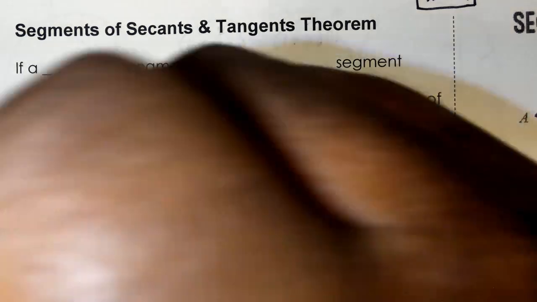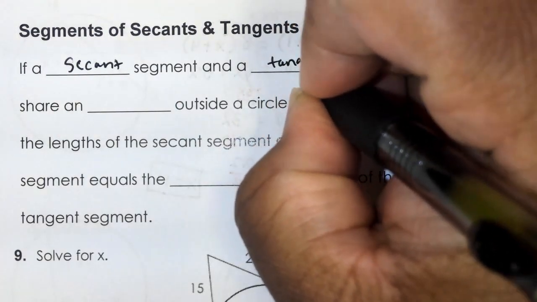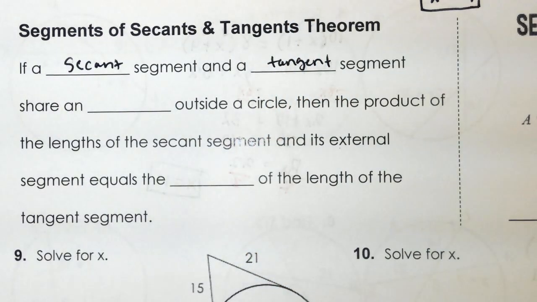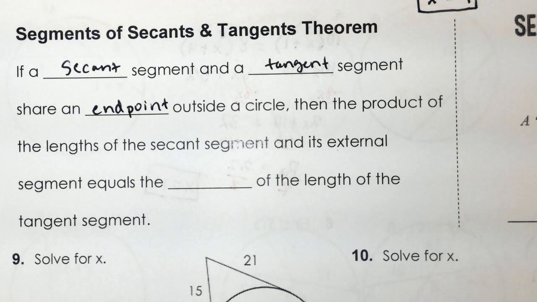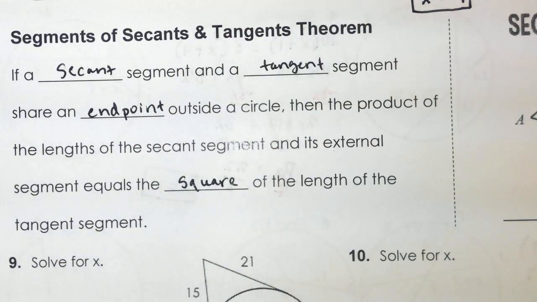If a secant and a tangent segment share an endpoint outside the circle, then the product of the lengths of the secant segment and its external segment equals the square of the length of the tangent segment.